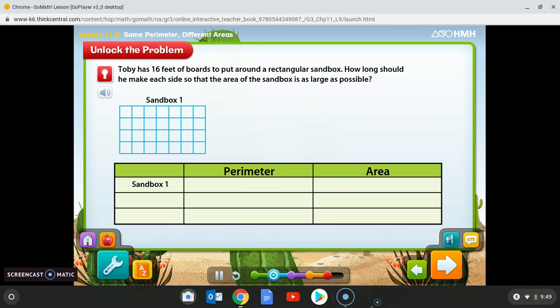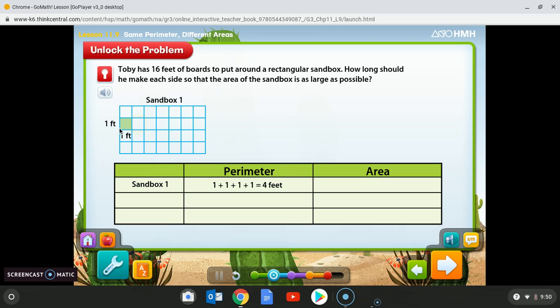For sandbox 1, we are going to use that 16 feet for the perimeter with one long rectangle. We're going to have one line of unit cubes. When we have one unit cube, we have 4 feet of perimeter.